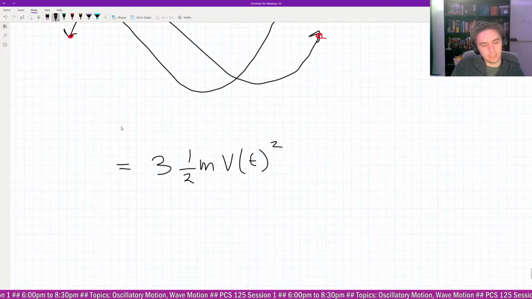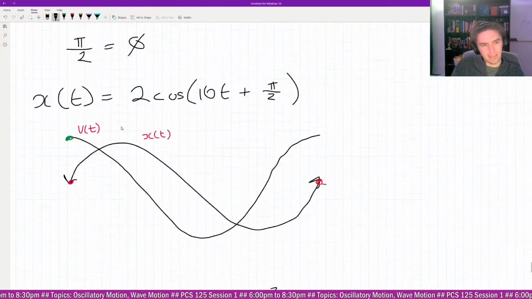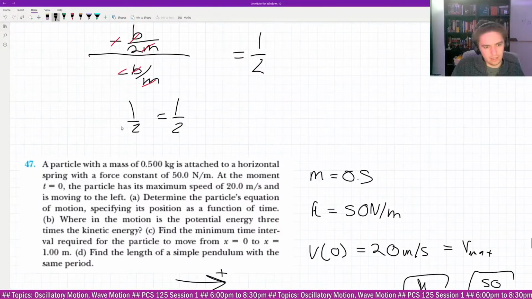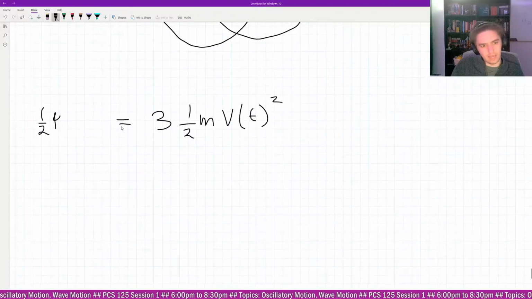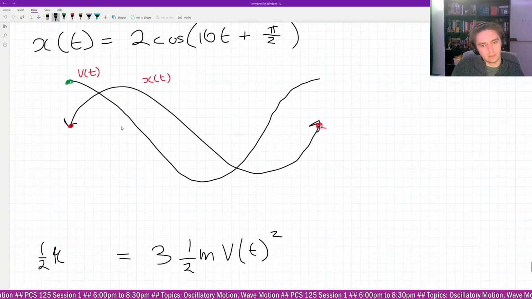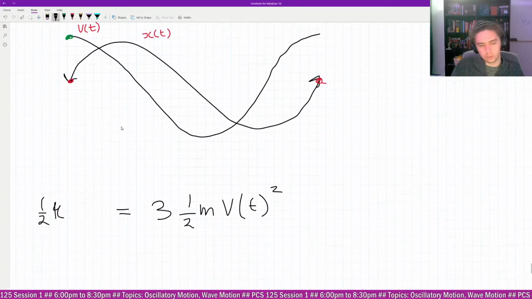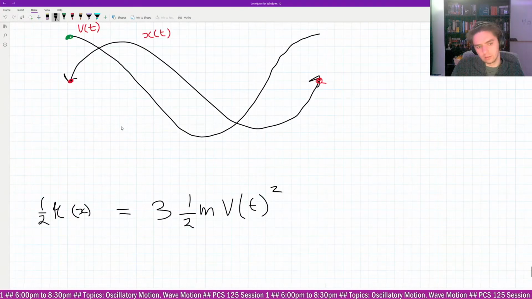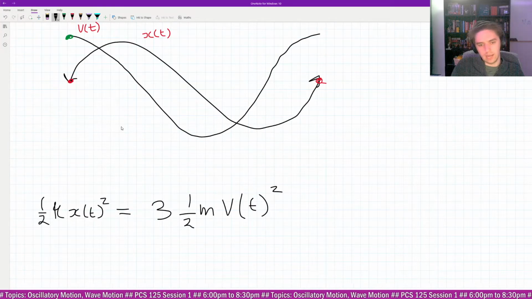The potential energy is 1/2 k, do we have a k? Yeah, we do have a k. 1/2 k delta x squared, which is just x of t squared. And then solve for t.